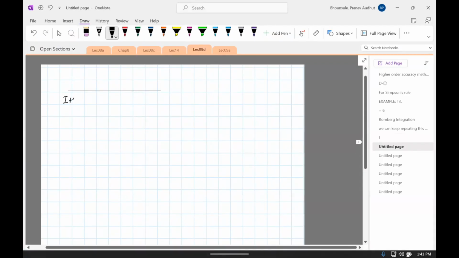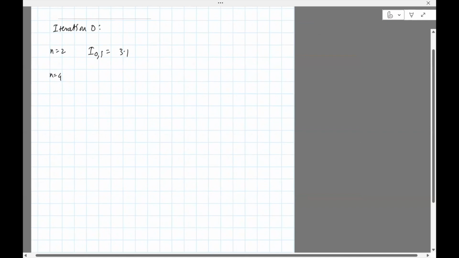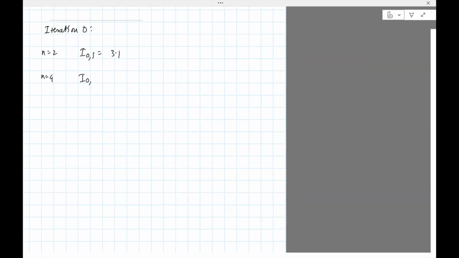So iteration 0. I put n equals 2, and I have a code which will give me the solution for the trapezoidal rule. And I put n equals 4 in the same, it's just a matter of replacing n with 4. And I ensured that I printed 8 decimal places.